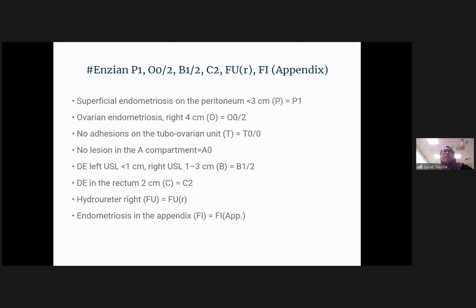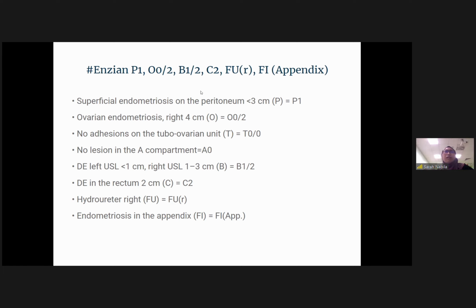So here is the description. The example is P1, so there is superficial endometriosis on the peritoneum measuring less than 3 centimeters. Then O0/2 means there is ovarian endometriosis over the right ovary measuring 4 centimeters.